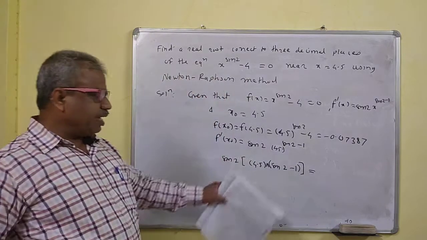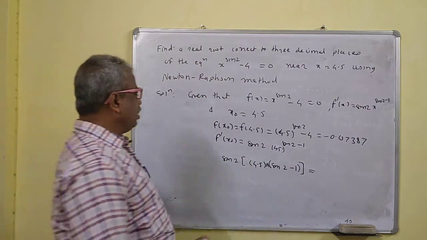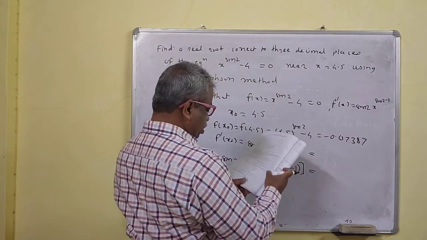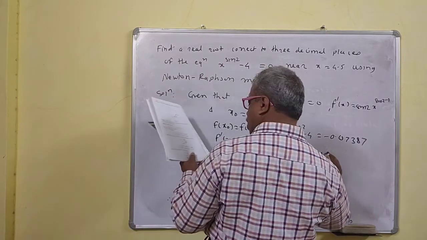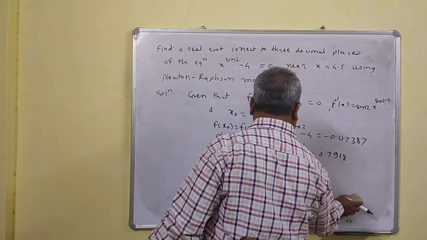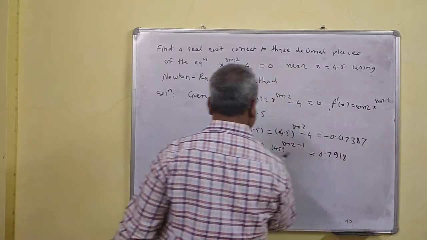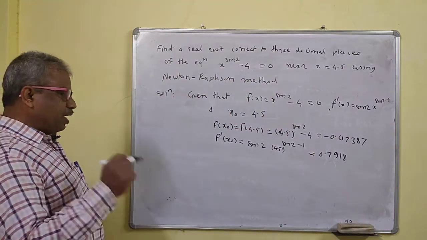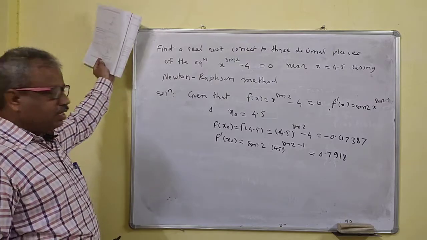Whatever answer you get on the screen, write it down. The answer on the screen will be 0.798. So you have to find the value of the function and its derivative for this.